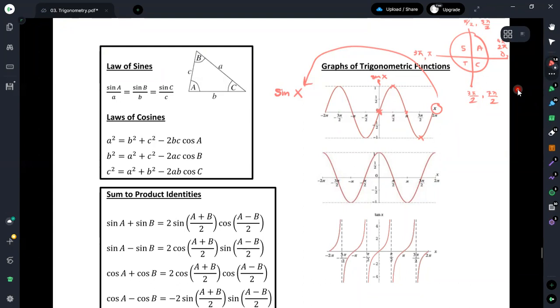Therefore, in the region of pi to 2 pi, this value is negative, and at the value of sine 3 pi over 2, it has the minimum value of minus 1. But if you go the other way around, in the minus direction or the clockwise direction, here we are taking it as minus pi over 2.